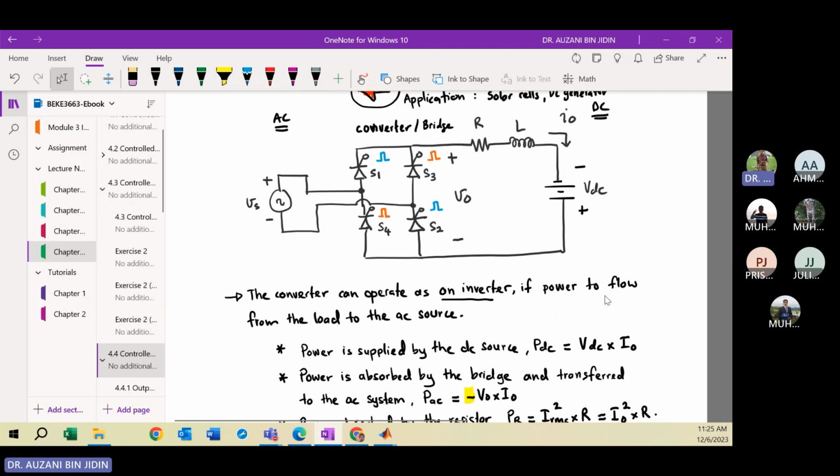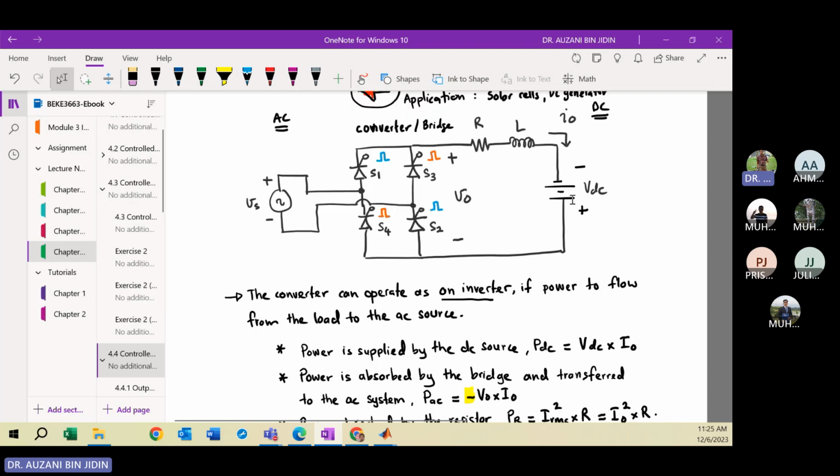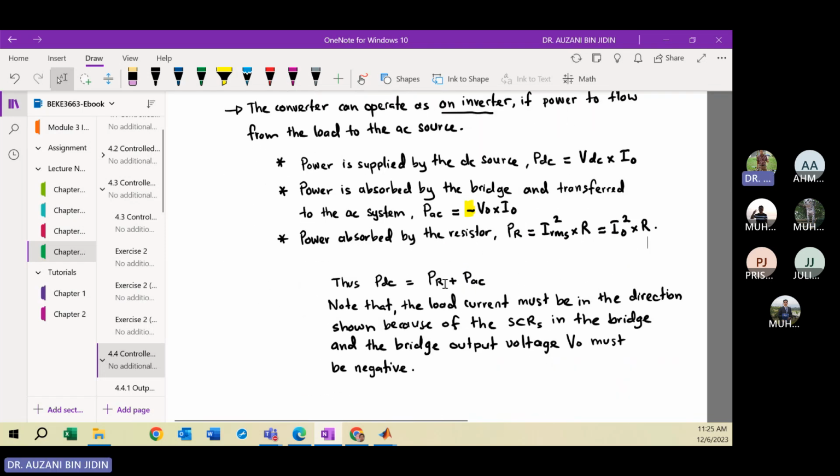So for the inverter operation, the PDC, the power delivered by the DC source or the solar cell DC generator, is equal to the summation of the power absorbed by the resistor and the power absorbed by the bridge.